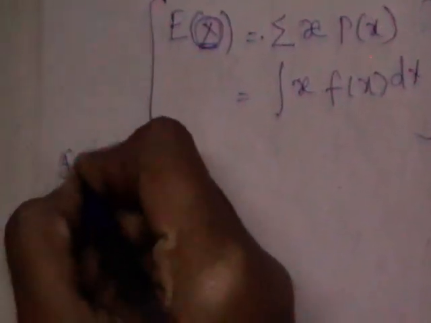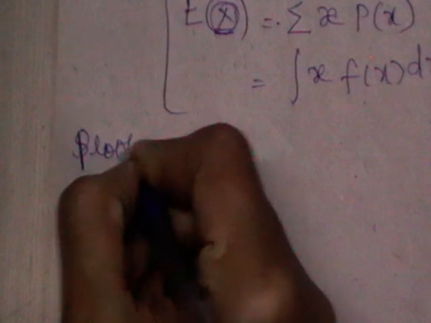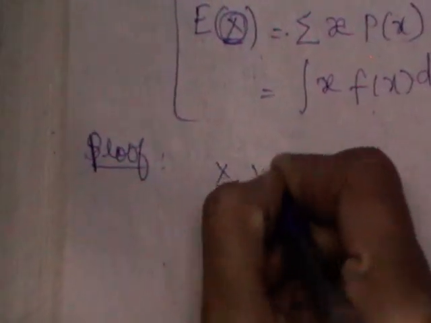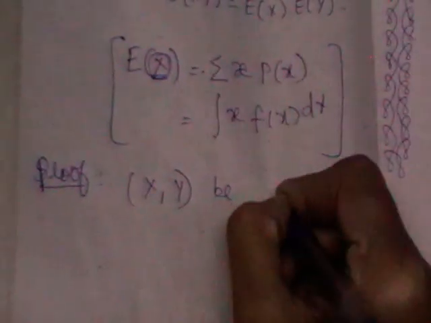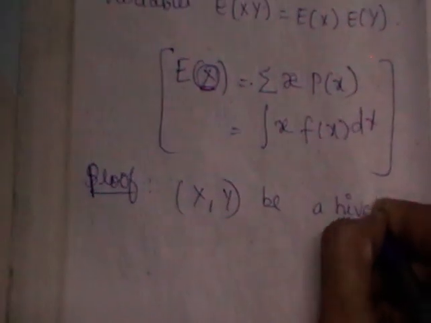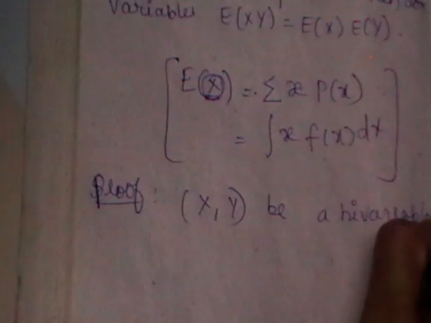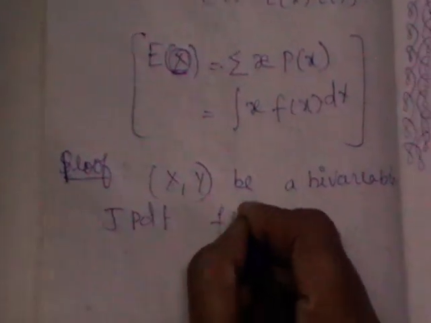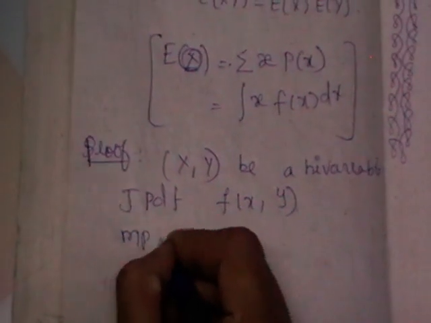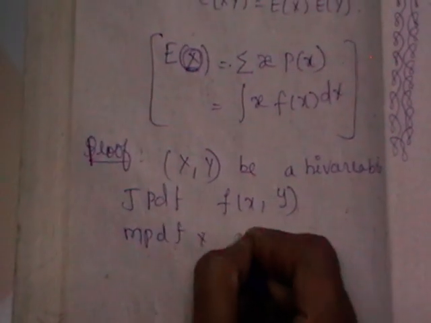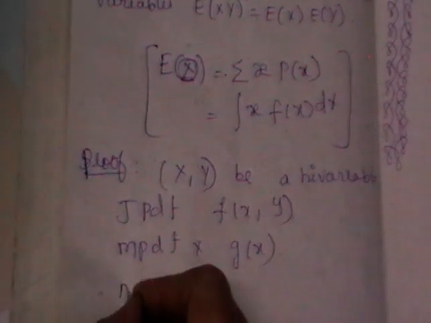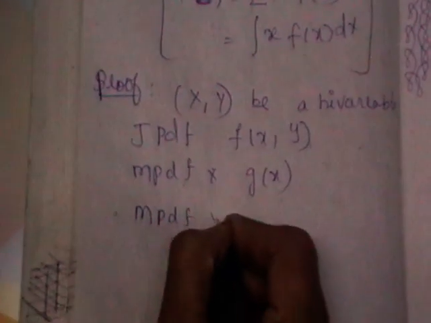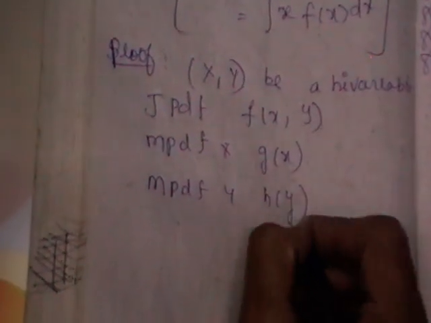So let us do the proof here. Let (X, Y) be a bivariate random variable with PDF. I think we write the joint PDF with f of x comma y, and marginal PDF of X with g of x, marginal PDF of Y with h of y.